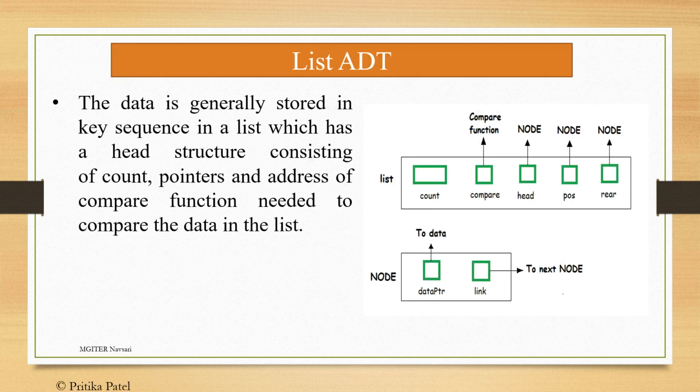Now next is list ADT. In list ADT, data is generally stored in key sequence in a list, which has a head structure consisting of count, pointers and the address of the compare function needed to compare the data in the list.